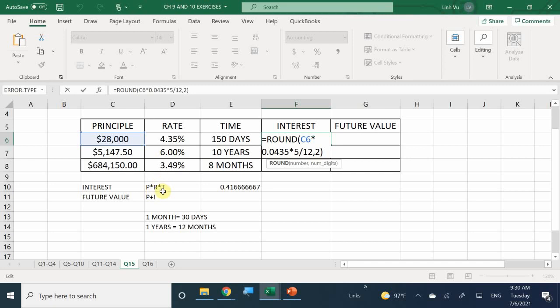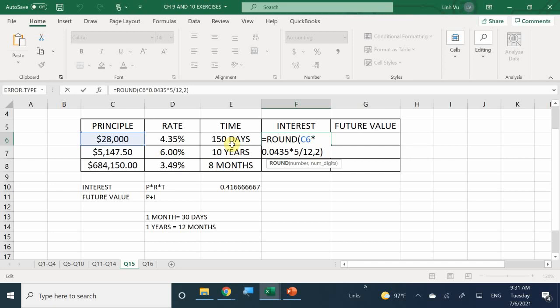We're only doing 150 days, which is equivalent to 5 months. I can't calculate for the whole year because I'm only looking at 5 months out of a whole year. So you need to calculate how much 5 months out of 12 is, which tells you what percentage of a whole year you're going to be collecting interest on.